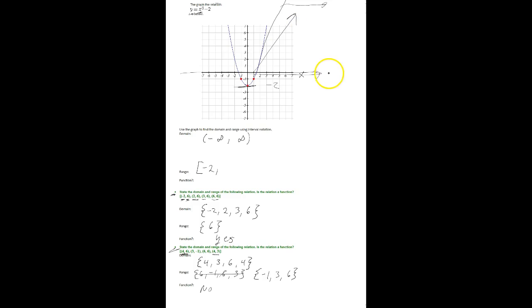So even as x goes to positive infinity, we're going to get positive y values. And as x goes the other way to negative infinity, this still goes to infinity in the y direction, the positive direction. So the lowest value we can have is -2, and the largest is infinity. So the range is -2 to infinity.